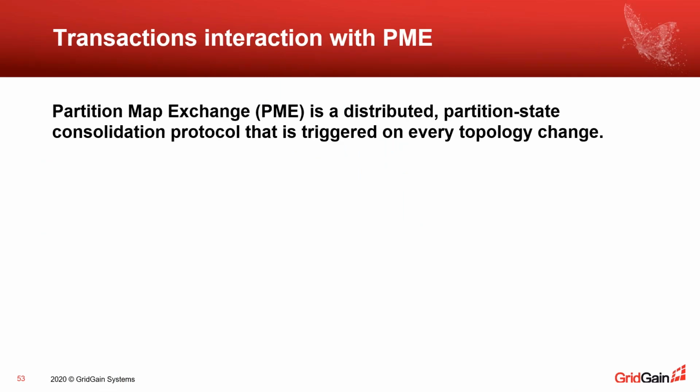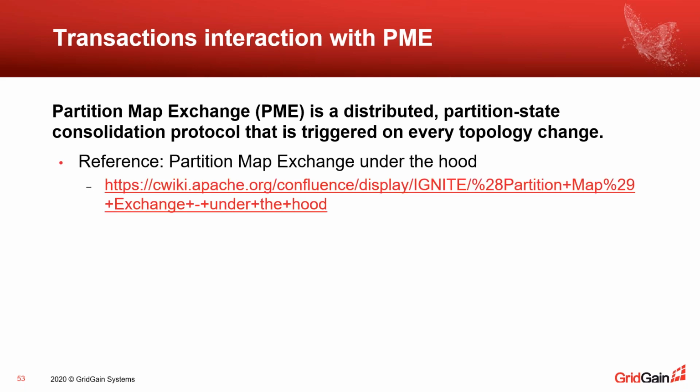And another interesting fact about transactions, which is very crucial to know about before going to production, is transactions' interaction with partition map exchange. Partition map exchange itself is a distributed partition state consolidation protocol that is triggered on every topology change. Today, I will not explain in detail what partition map exchange actually is.